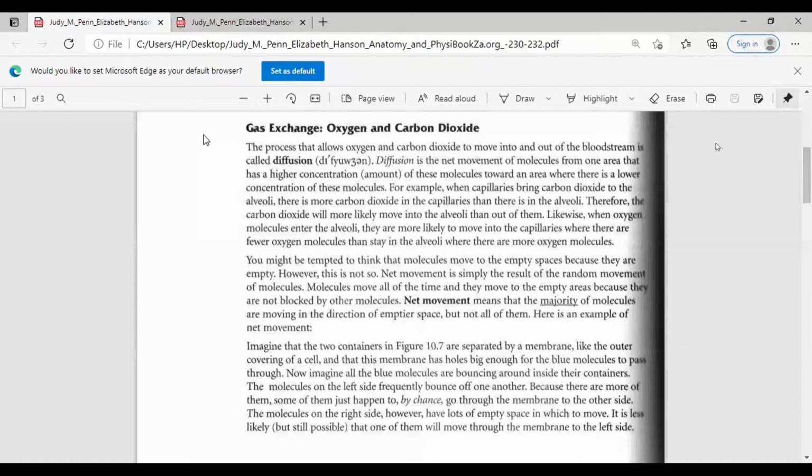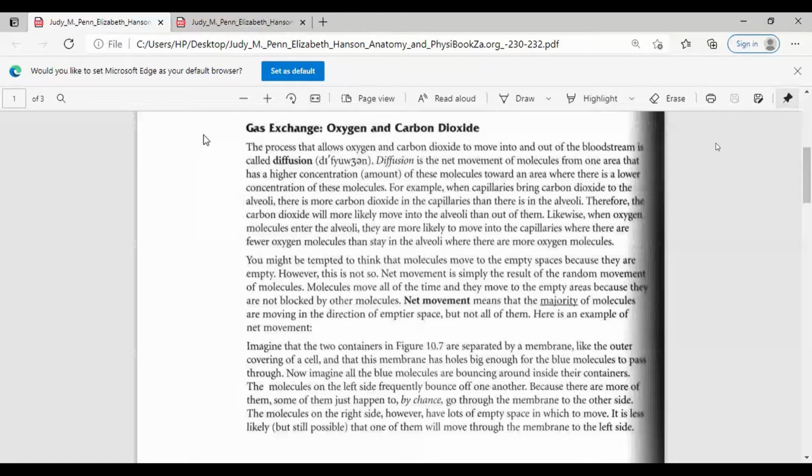You might be tempted to think that molecules move into the empty space because they are empty. However, this is not so. Net movement is simply the result of the random movement of molecules.